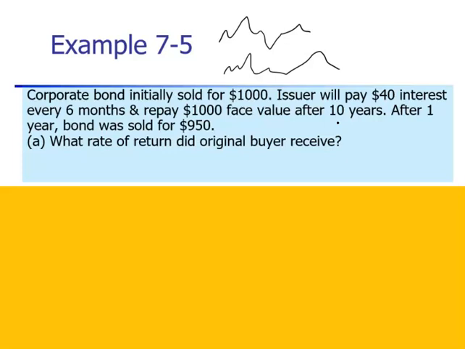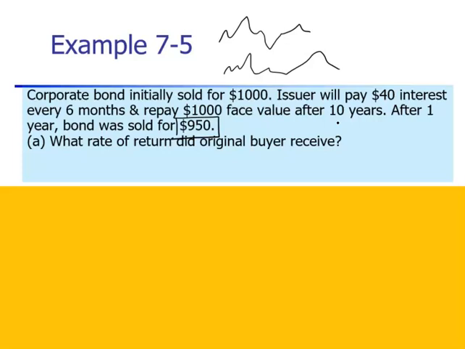Now, it wants you to calculate the investment rate of return for this bond if just after 1 year the owner wants to sell it, but now the market value is $950.